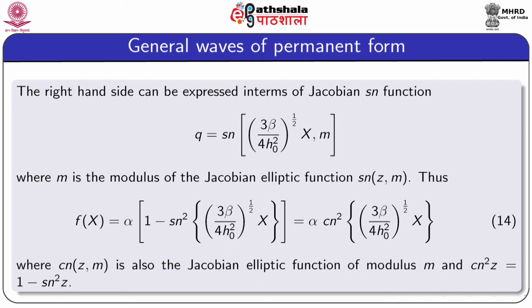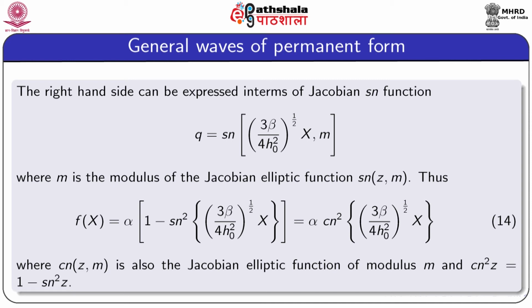So, the solution is now in terms of the elliptic cosine function, and this Cn(z, m) is called the Jacobian elliptic function and it is of modulus m, where we have used the relation Cn square z equals 1 minus Sn square z.